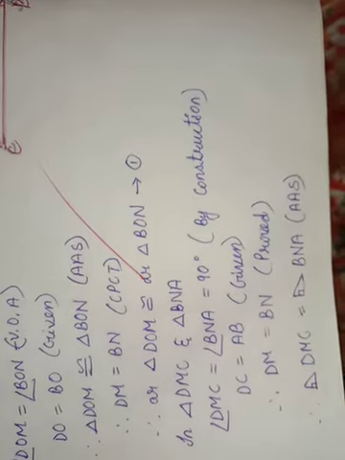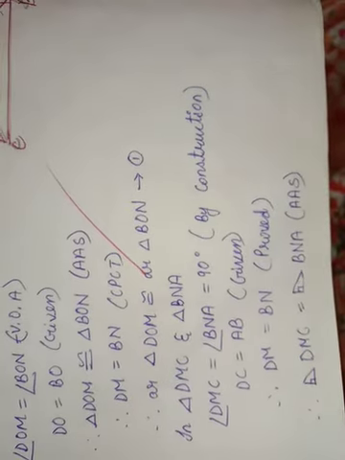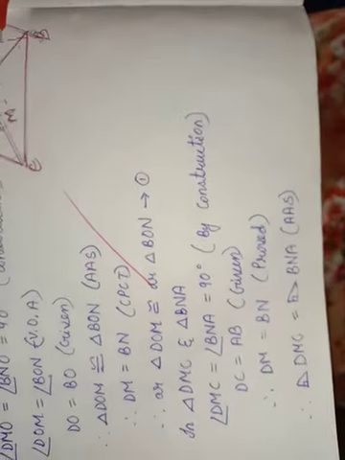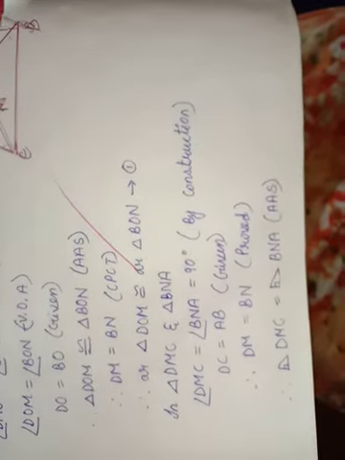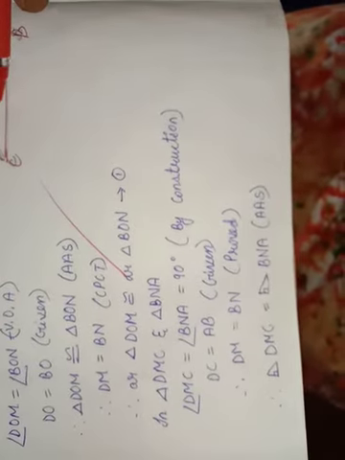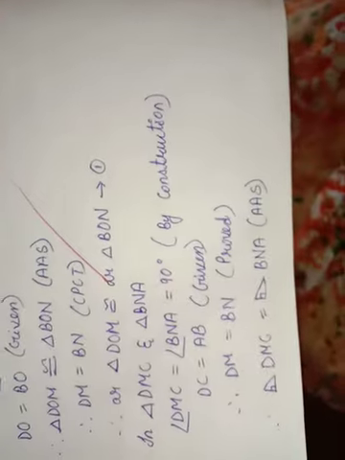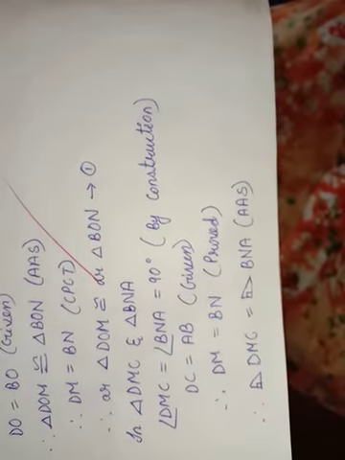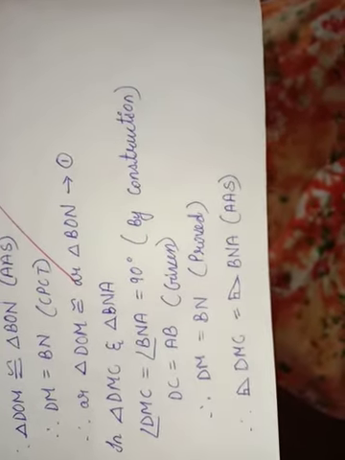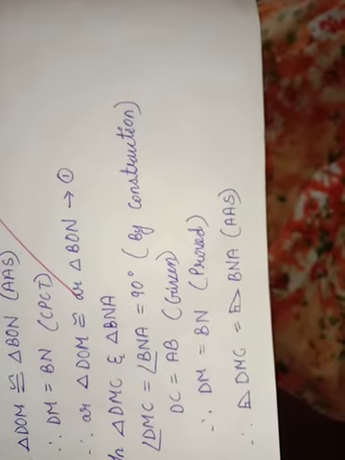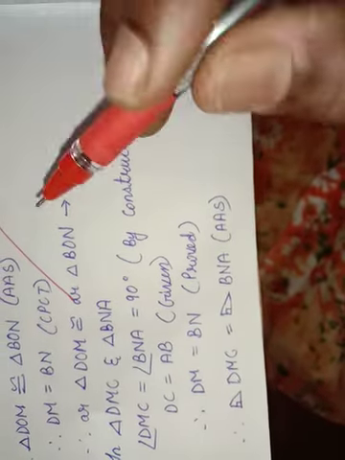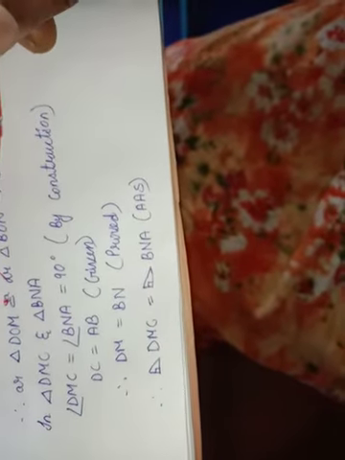Therefore, triangle DOM is congruent to triangle BON by AAS. Then DM is equal to BN by CPCT. Therefore, area of triangle DOM is equal to area of triangle BON. Call this 1.